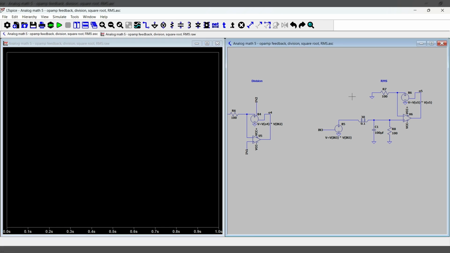So how do we calculate an RMS of a fluctuating voltage? Well, you can think of a fluctuating voltage as not just A and B, but A, B, C, D, E, F, G across many different points in time.